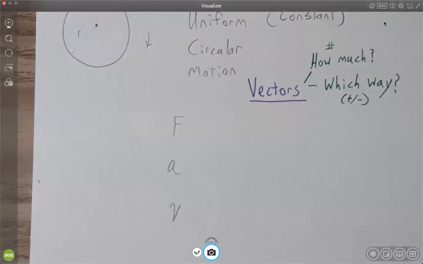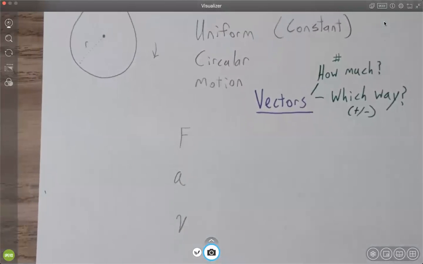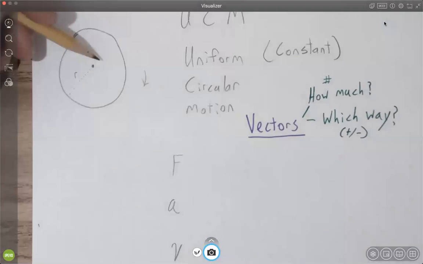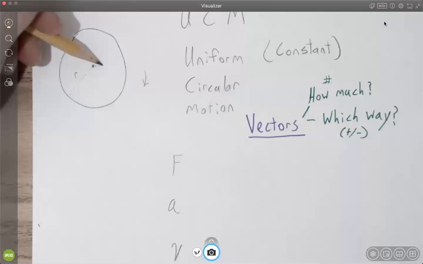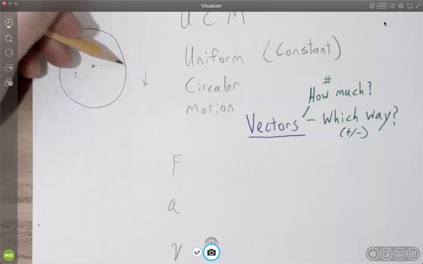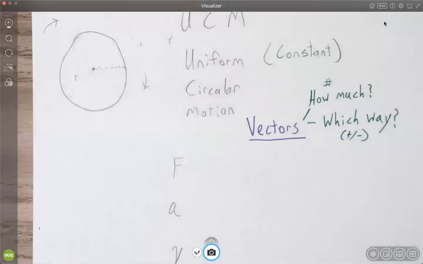So this cat, when it was on this fan, it always had a force going towards the center. It was connected to the string. So that string that was connected to that fan, that's what the cat was holding on to.